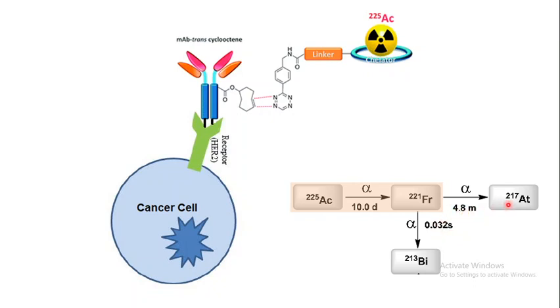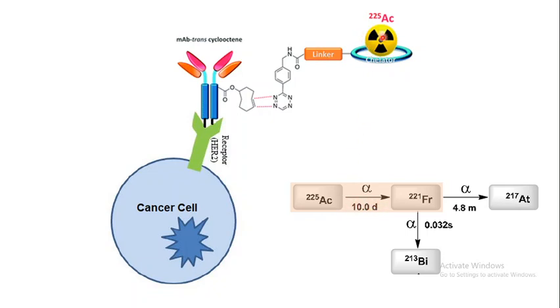After 4.8 minutes, it undergoes alpha emission again and gives astatine 217, and the other is bismuth 213 after 0.032 second. So this is the main nuclide which undergoes the alpha decay process with a 10 day half-life.